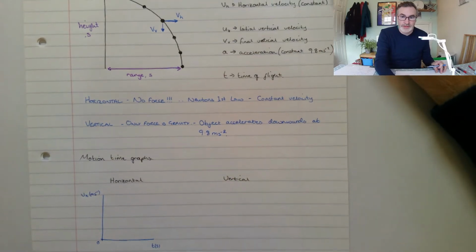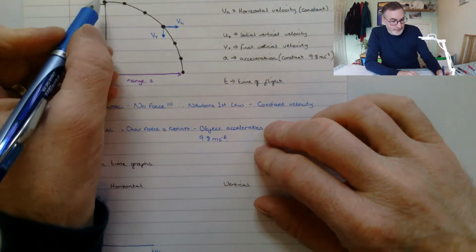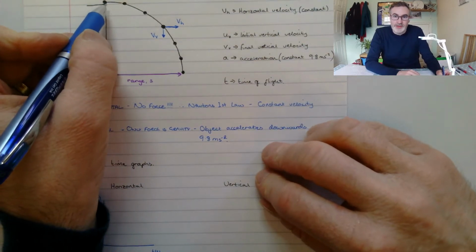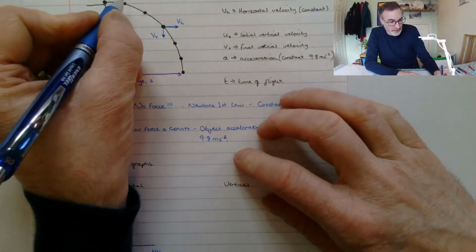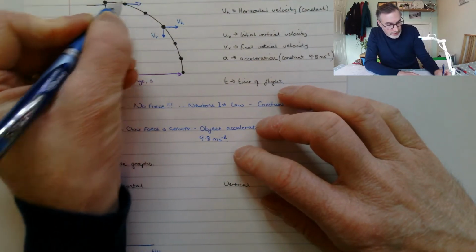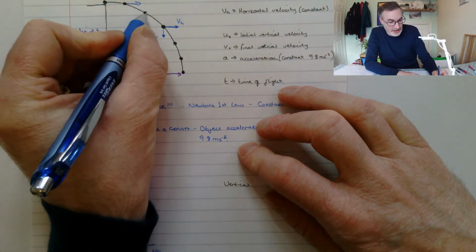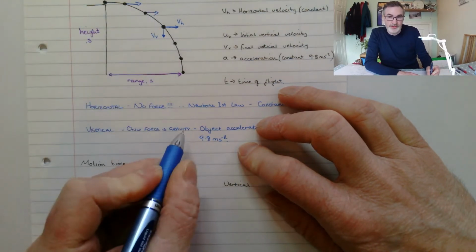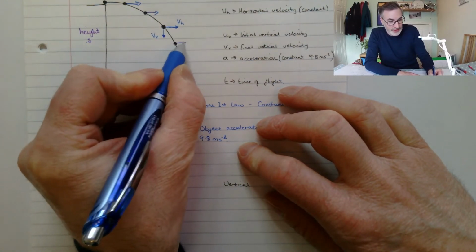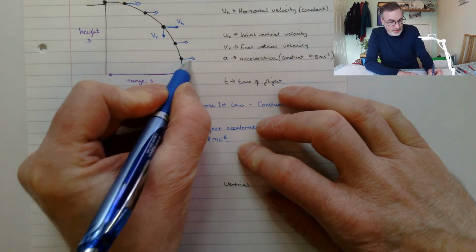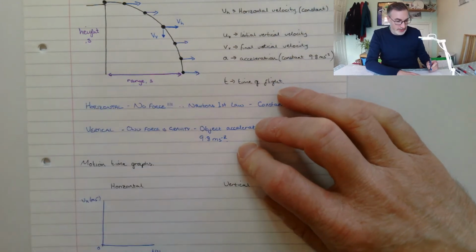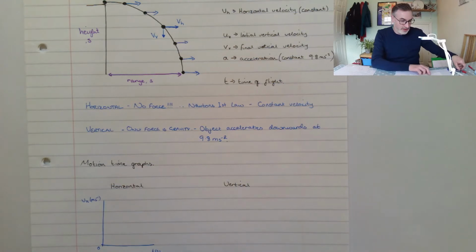Okay, so it's moving at a constant horizontal velocity, and therefore that horizontal velocity at each of these points is going to be the same.